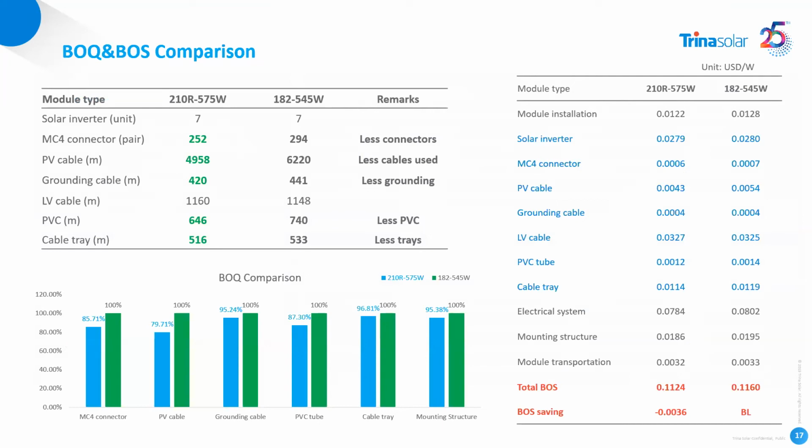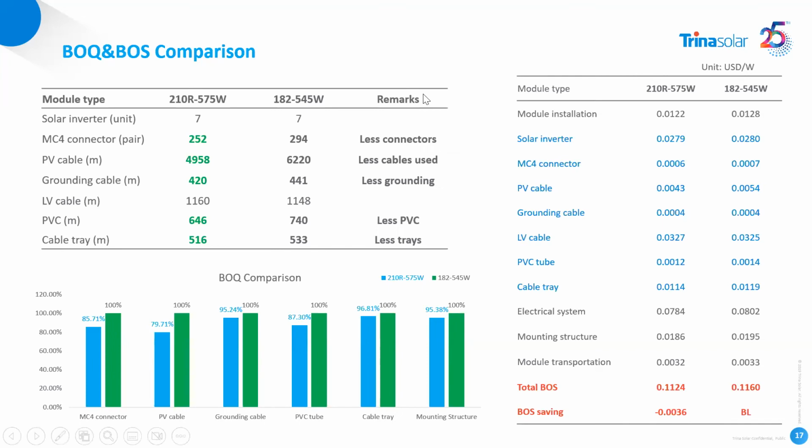In this kind of scenario, you can have a better LCOE, not only with the module, but by using the right combination of solar module and inverter. You can have fewer MC4 connectors, less cable, fewer grounding lugs, less PVC, and less cable tray.